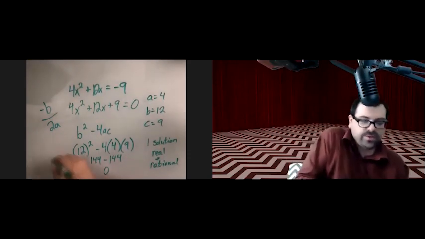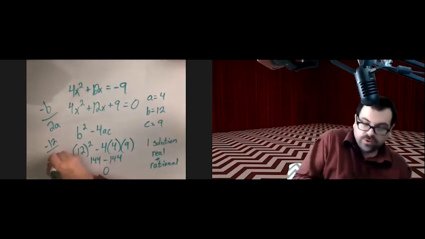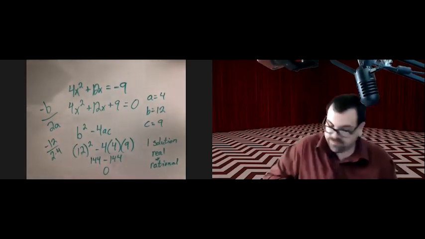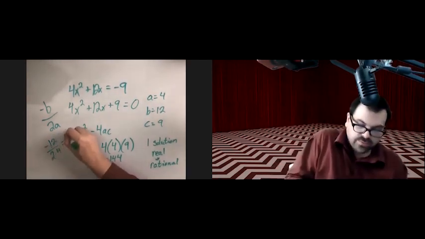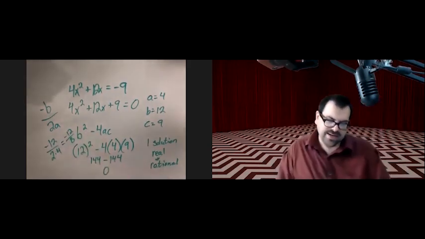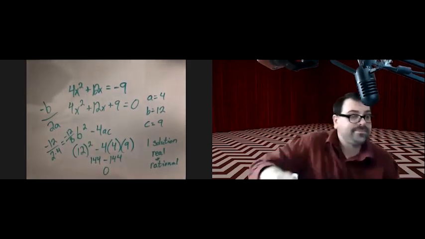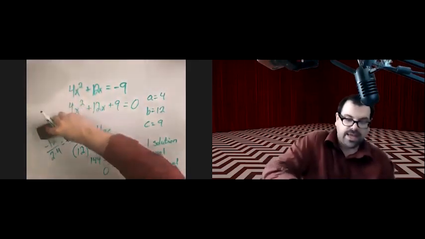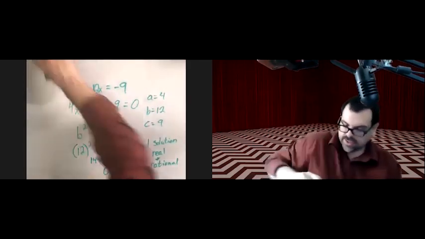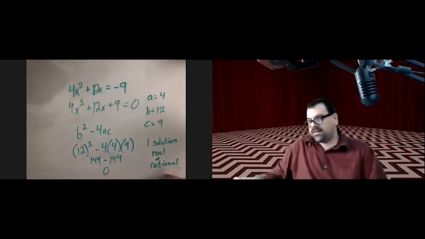Negative 12 over 2 times 4, negative 12 over 8. It's actually going to be negative 3/2. But we don't want the answer. We just want the discriminant and what it tells us.